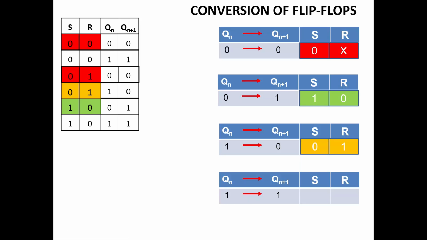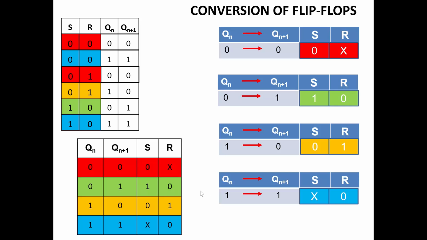For 1 to 1 transition, we have two entries in the truth table of the SR flip-flop, where the value of R is 0 in both the cases while the value of S is changing. It means for 1 to 1 transition, the value of S can be anything while the value of R should be 0.